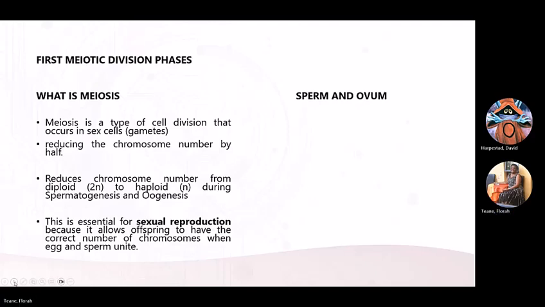Meiosis is a type of subdivision that occurs in sex cells or gametes. Perhaps to take you back to that slide where I talked about mitosis. One of the functions of mitosis is to bring about growth. Let me take you back to the topic of human reproduction.